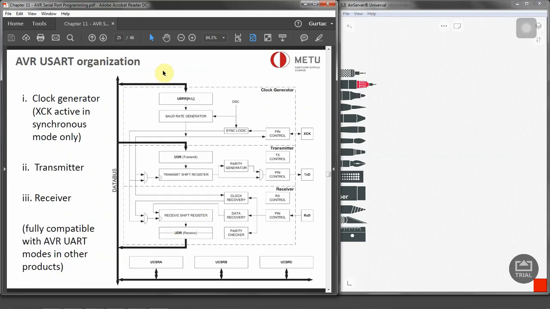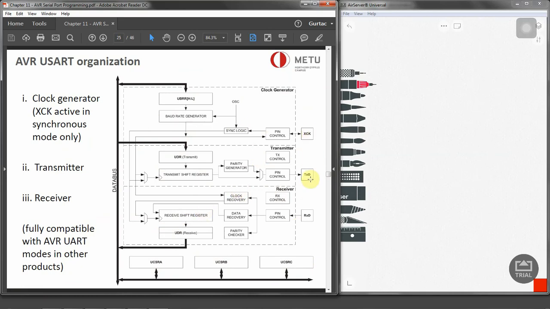Now, if you look at inside of the AVR, this is what we are going to see for the organization of the AVR. So we have got the control registers, and we have got the clock generator over there to generate the baud rates necessary for the transmission, the transmitter part, and the receiver part.